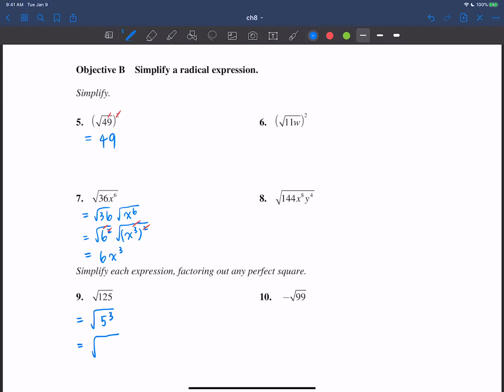So in this case, 3 is 2 plus 1. Therefore, I will break into 5 squared times 5 to the first. And then I put them in separate radical signs. For the first part, you could cross out the inverse operations, and we obtain 5 radical 5. The second part, the 5 is not a perfect square, so you can't take it out. It stays inside the radical sign.